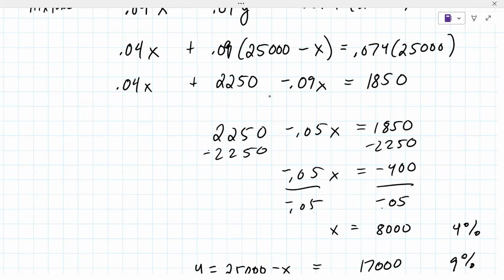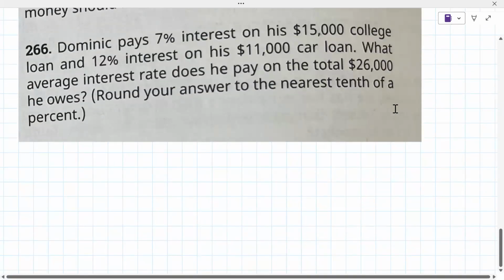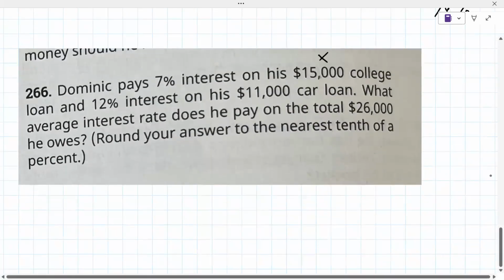Okay, on to the next one. So this next problem, like I said, is not really a mixture problem. Let me pull it up on the screen. It looks like one, but they're giving you x and y. Dominic pays 7% interest on his $15,000 college loan and 12% interest on his $11,000 loan.